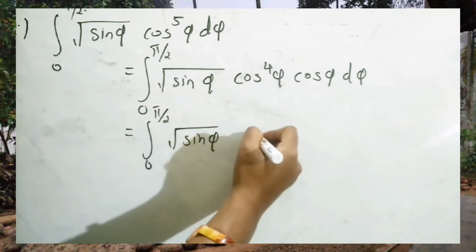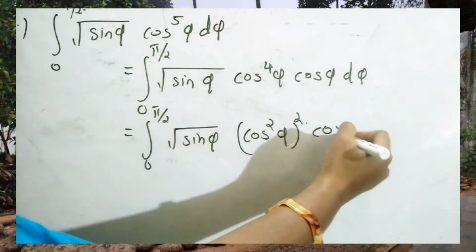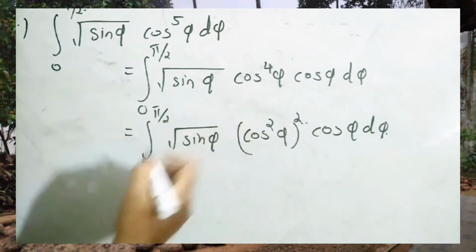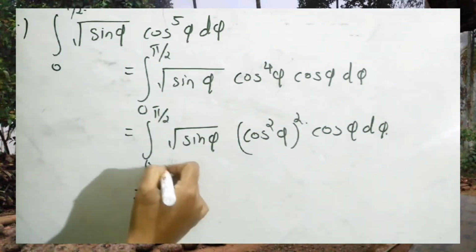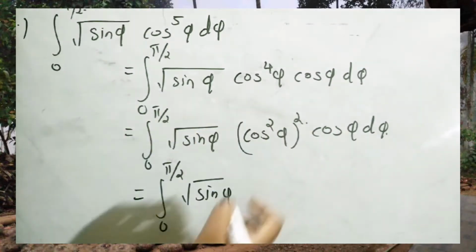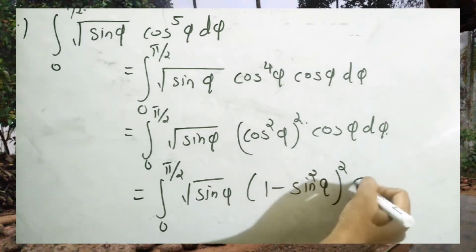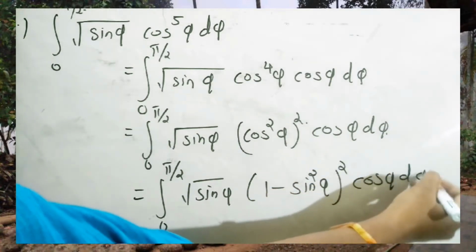And thus we can write it as cos square phi all square into cos phi d phi. And this is equal to integral 0 to pi by 2 root sine phi, 1 minus sine square phi all square into cos phi into d phi.